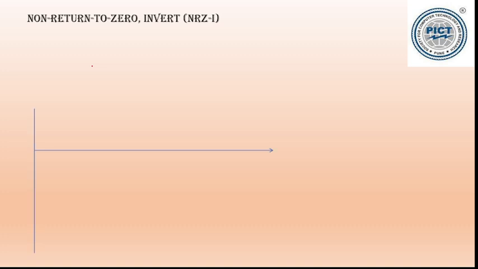So first again draw the bit pattern that we want to transfer from the transmitting end, and it will be using the line coding scheme as non-return to 0 invert. So this is the bit pattern.